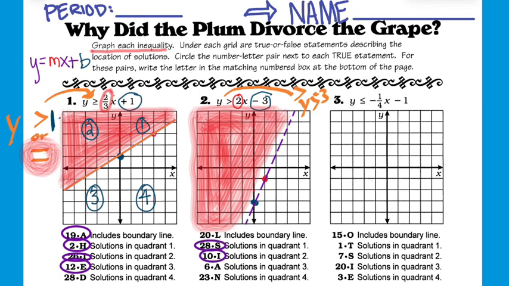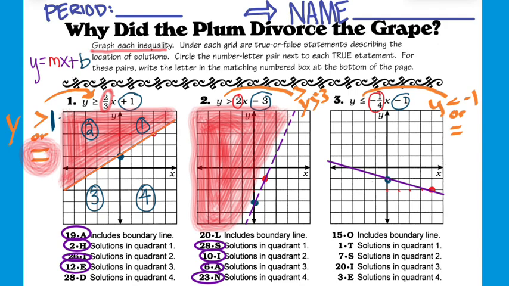I start with -1. There are solutions in quadrant 1, 2, 3, and 4, but it's not on the line. Number 3, I start with -1. I do my negative slope, and I check to see, can it be equal to this? And it can, so I leave that line solid because it can be on the line.